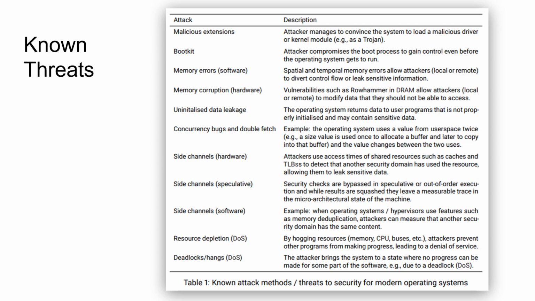There are attacks that try to use up your resources and therefore make the availability of the system a problem. For instance, hogging the memory, CPU, buses, and so on. And there are bugs that cause deadlocks or hangs. They also jeopardize the availability of the system. So this is probably not even a comprehensive list, but it gives you an idea of the enormous breadth of attacks that we have to defend against.